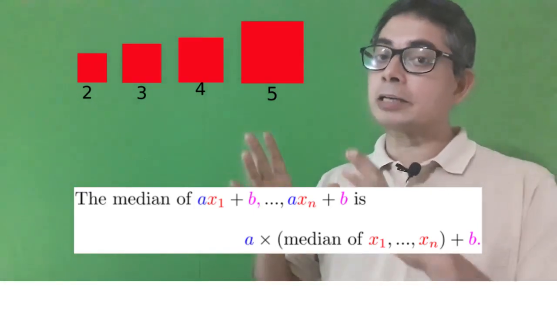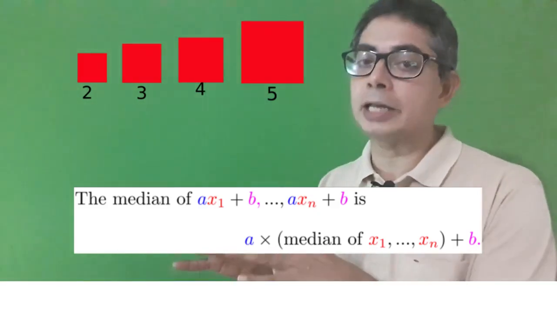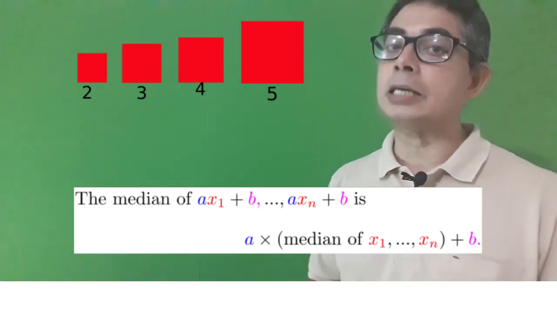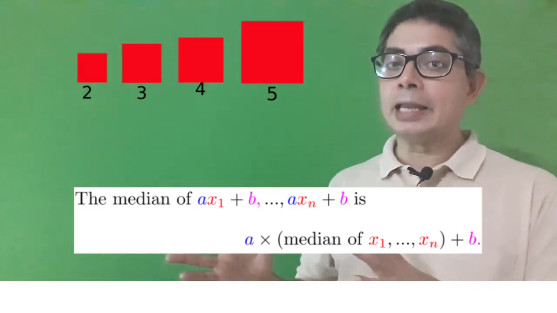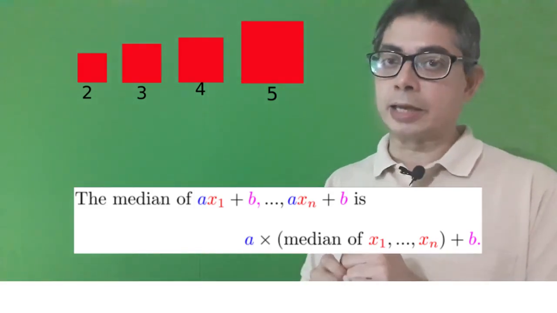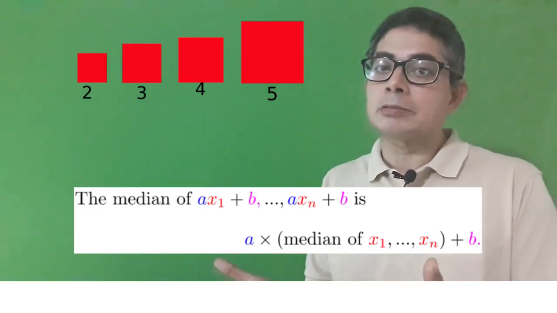The side of that median square is the median side, and the area of that median square is the median area. Since both the median side and median area refer to the same square, the median area must indeed be the square of the median side.